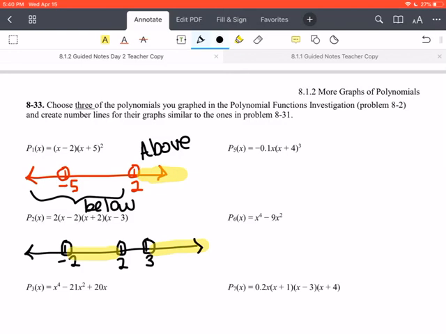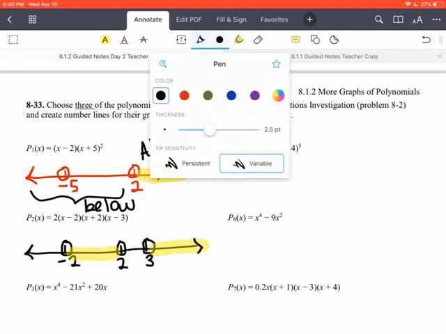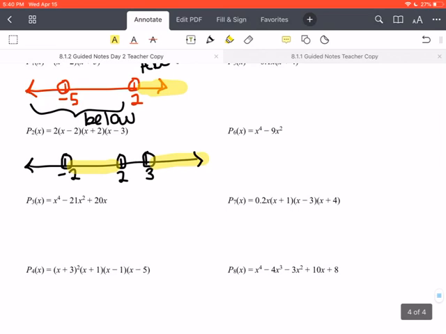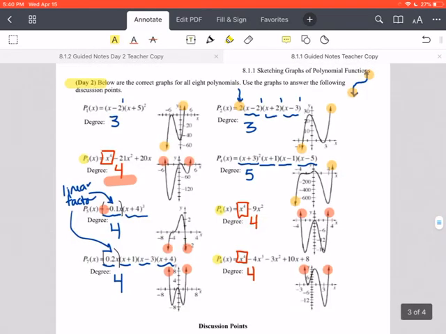Okay, on the third polynomial, it is not factored, so we cannot just look at it and know what the x-intercepts are. So if I go ahead and look at the graph, what were the x-intercepts on P3? Well, it looks like the x-intercepts were about at -5.